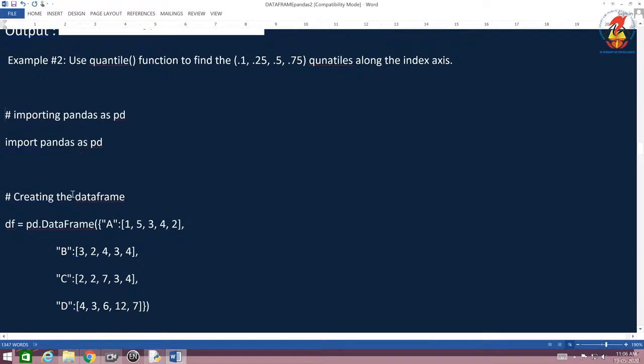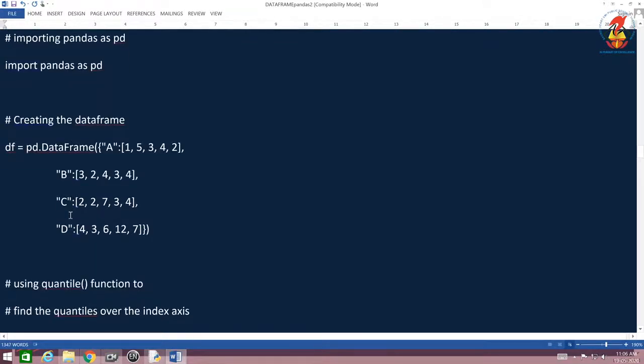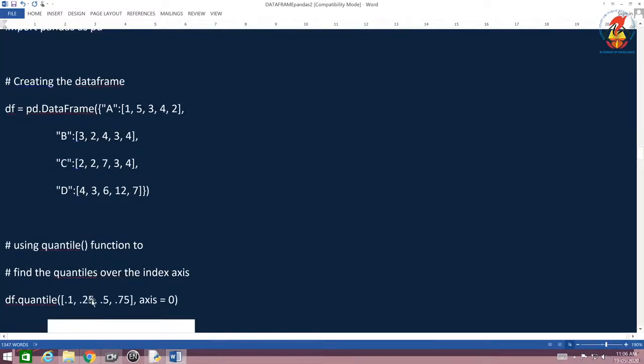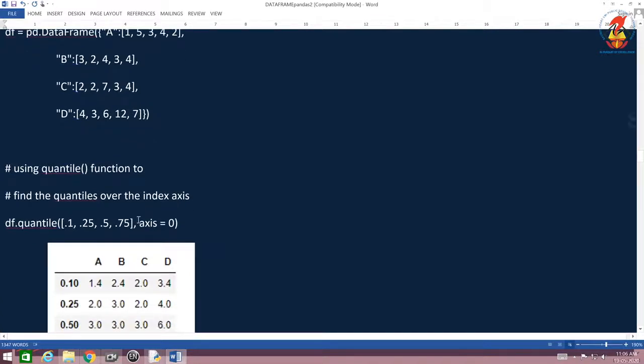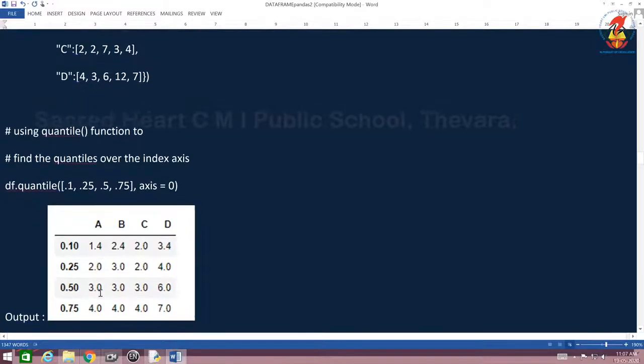This is your program again, the same question, and I have used the quantile function there. This time I have made it a list and given axis equal to 0. So each value in this list is taken into consideration and the values of A, B, C, D change accordingly, with the quantile of 0.1 for the first answer, and the second and third respectively.